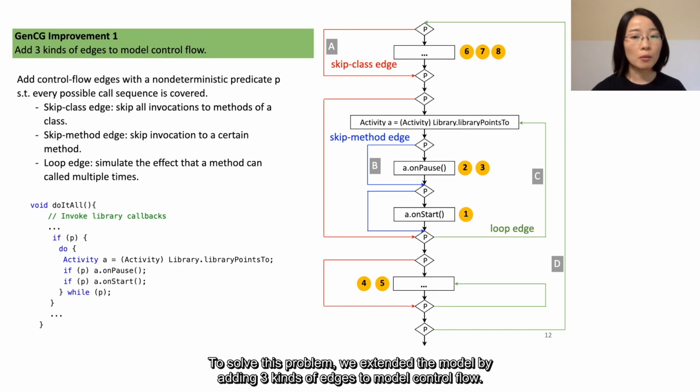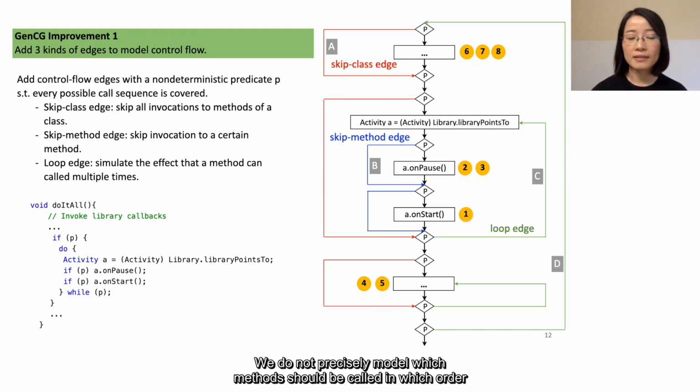To solve this problem, we extended the model by adding 3 kinds of edges to model control flow. So we don't precisely model which method should be called in which order, so we adjust control flow edges such that every possible call sequence is covered.